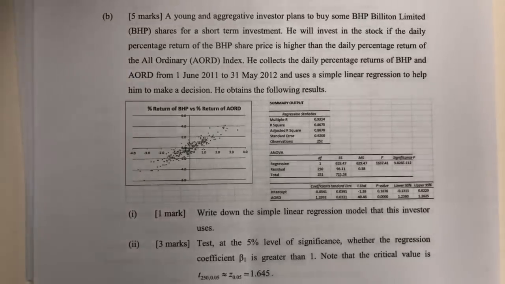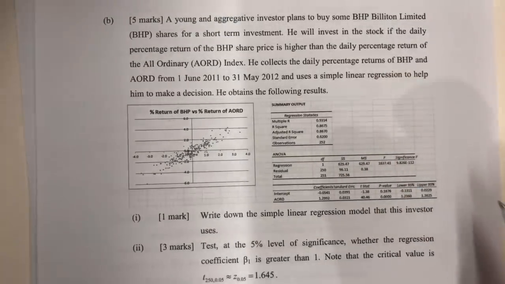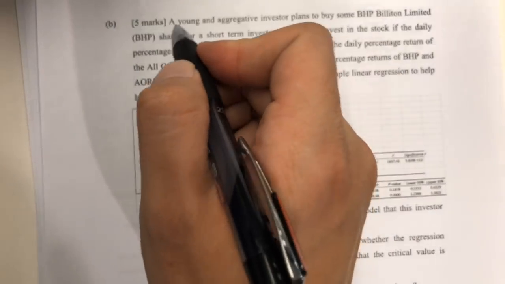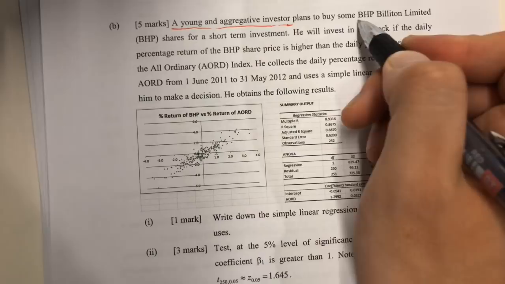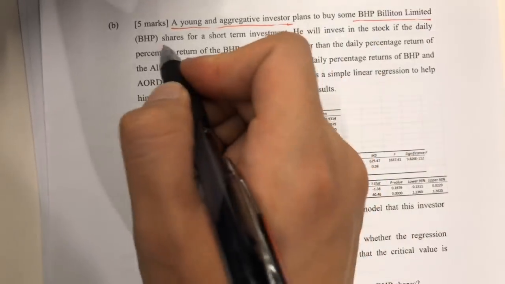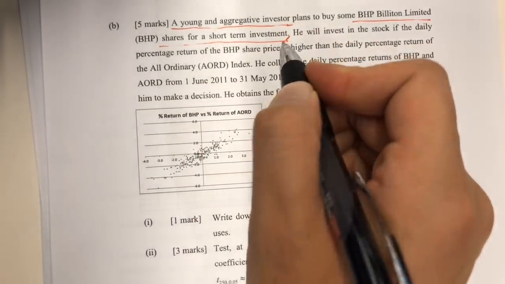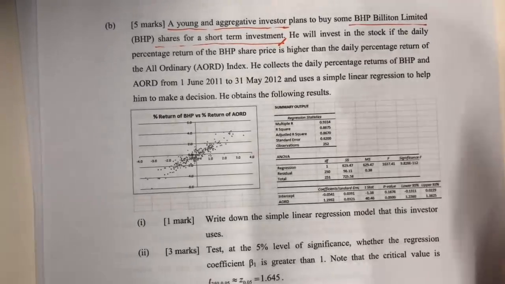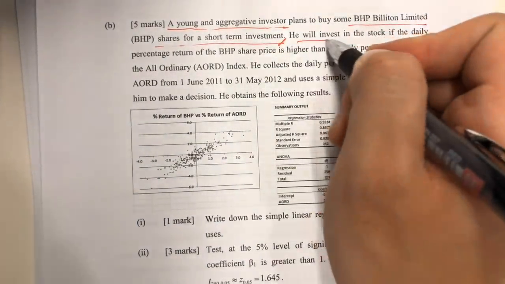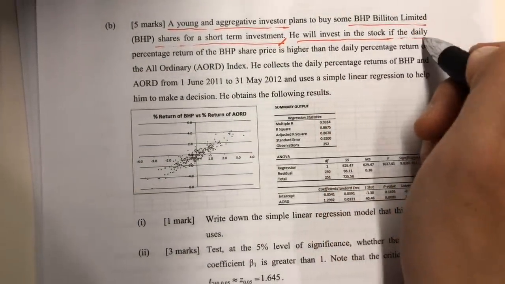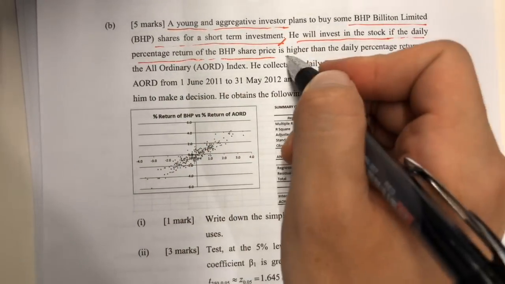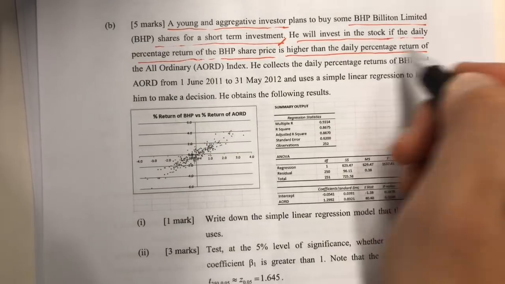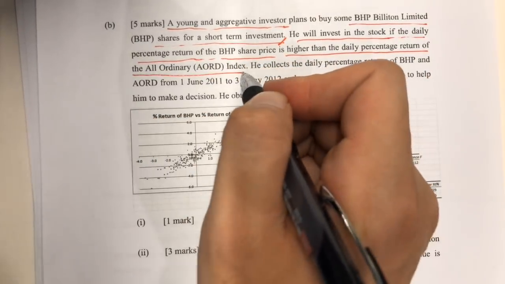So this question is about a simple linear regression. It says a young aggressive investor plans to buy some BHP shares for short-term investment. So it's just a background introduction. He will invest in the stock if the daily percentage return of the BHP share price is higher than the daily percentage return of the All Ordinaries index.